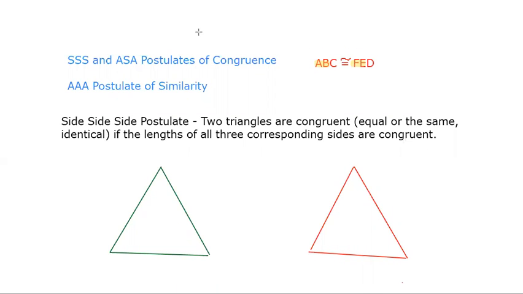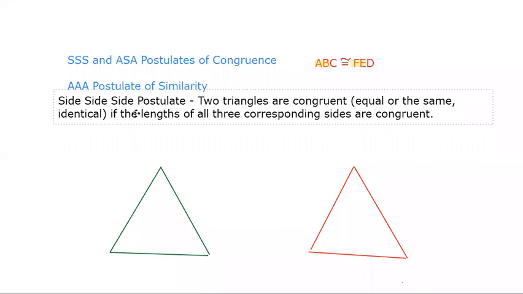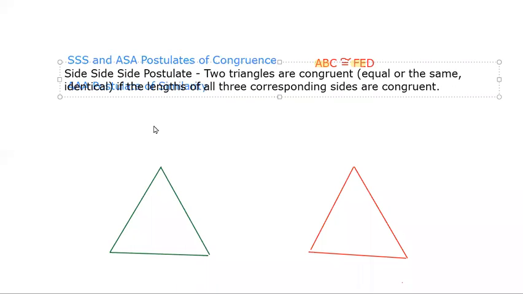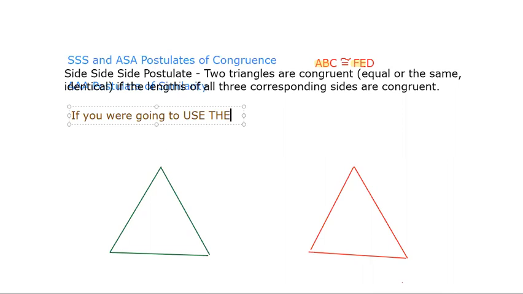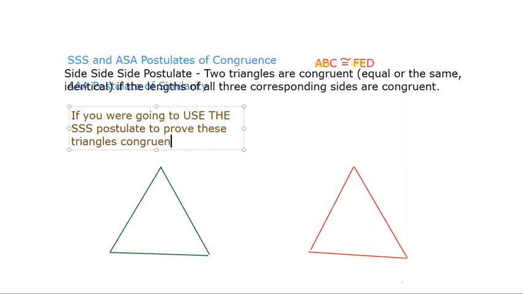Some questions you're going to get are going to be worded like this. Move this up here for just a second. If you were going to use the side, side, side postulate to prove these triangles congruent, what information is missing?